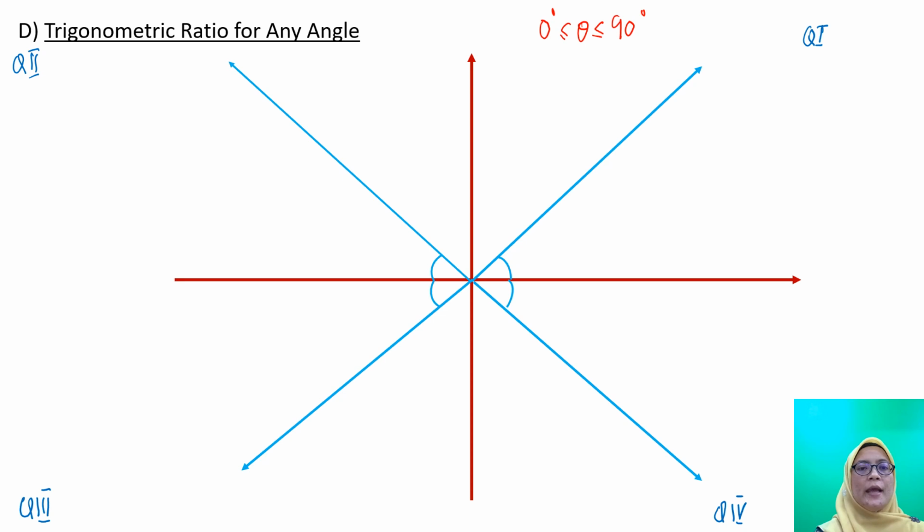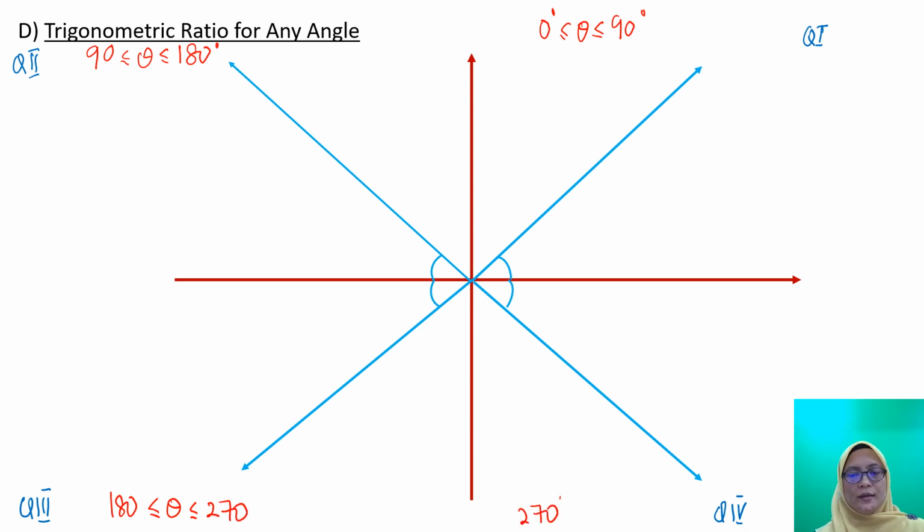So ini angle theta is in between 90 to 180. So ini angle 180 sampai 270 and the last one is 270 until 360.